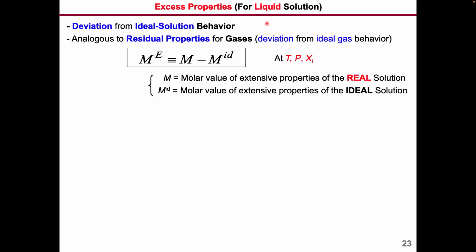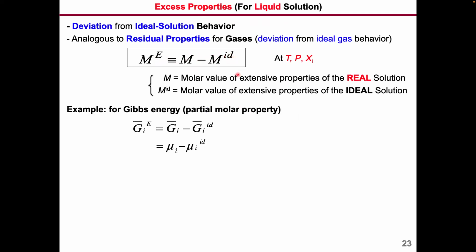So now, basically the deviation from the ideal solution behavior for your real solution is quantified by excess properties, right? So excess property is similar to the residual property for gas, but we use excess property to differentiate, okay? And then basically M^E is going to be M real minus M ideal solution, right?